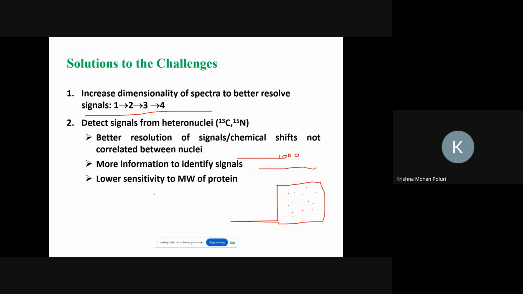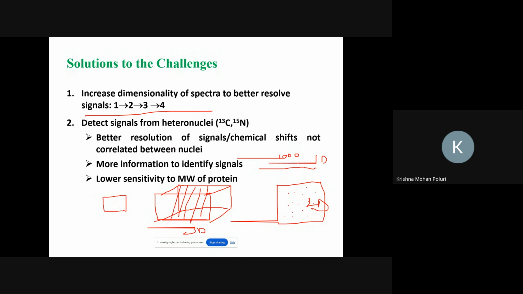But these 1000 points, what if I put them in a cube? I will put these 1000 points in a cube, and now I will use every cube as a slice. So I will cut this cube into different slices. Then every slice will have only 10 points, 15 points. So automatically I can identify the signals. This is what you call multi-dimensional NMR spectroscopy, where you go from one dimension to two dimensions to three-dimensional NMR spectroscopy.